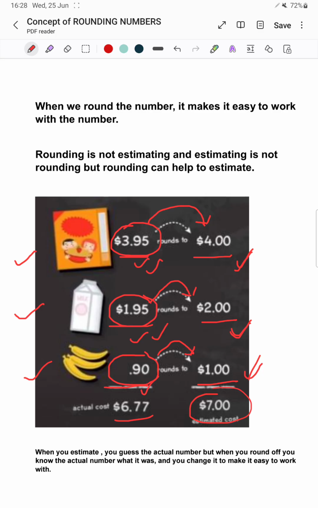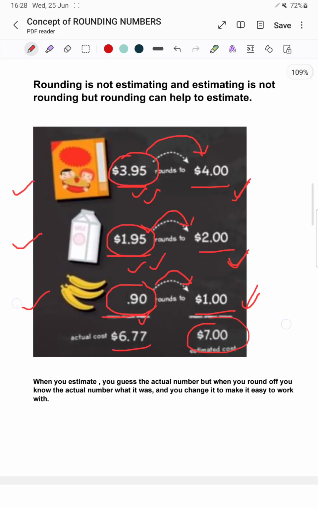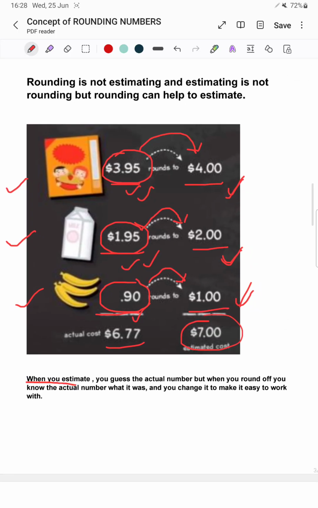Okay, now sometimes when we do rounding and estimation, we misunderstand that the two terms are the same. It's not like that. The two terms are not the same. When we estimate, we just guess the actual number. We are not given the actual cost. I am just guessing based on rounding each value. So 7.00 is my guess for the actual number, while when I round off a number, I know the actual number.